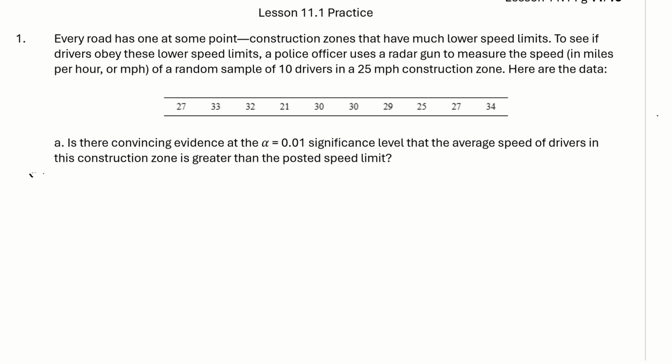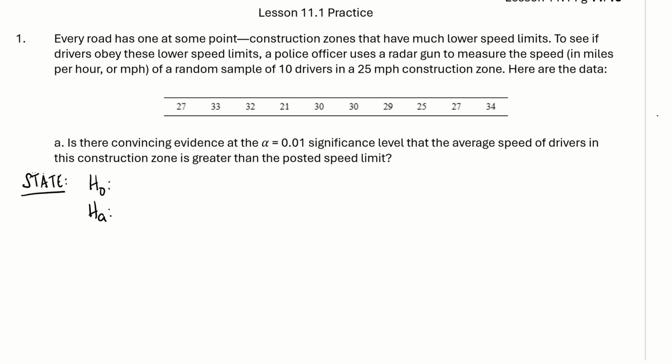So first off, what kind of significance test are we going to do? We're going to need to state our hypotheses and make our plan. So what are our hypotheses first off? We're going to do H0 and then HA.